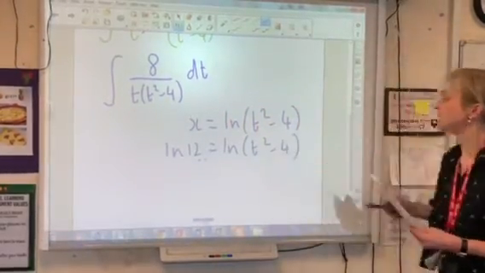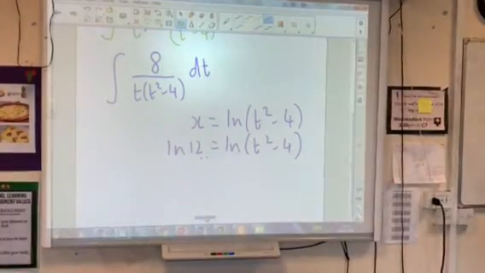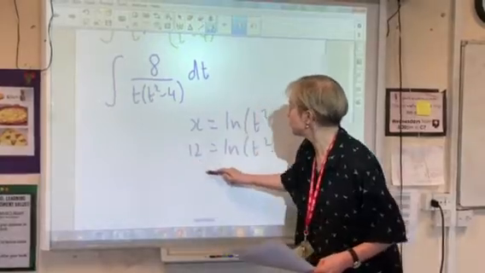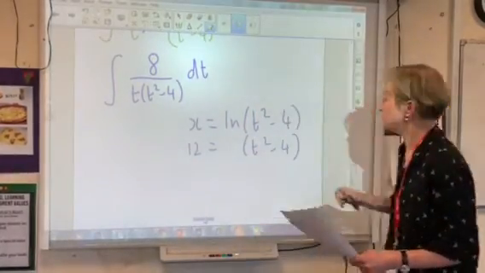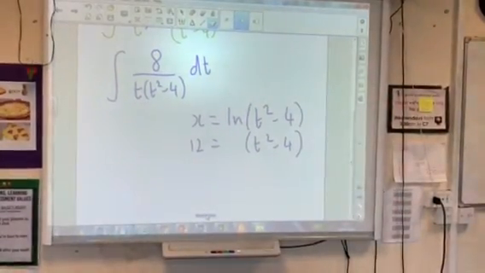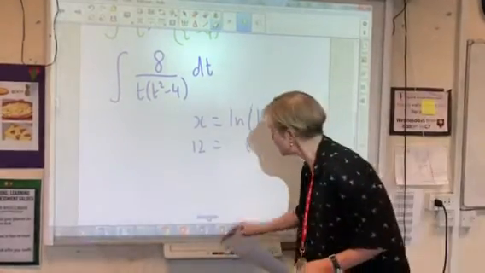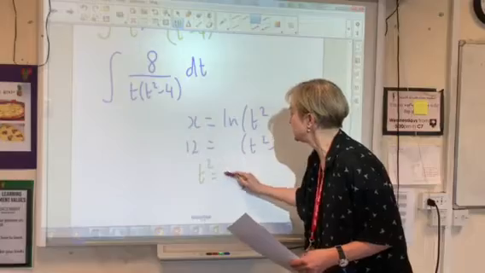So you know ln 12 is ln of t squared minus 4. Taking natural logs of both sides, you can think of those as 12 is t squared minus 4, so t squared is 16.